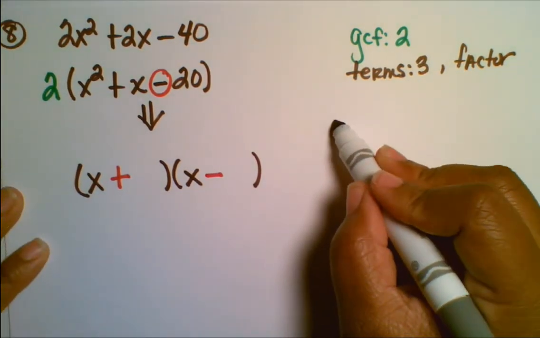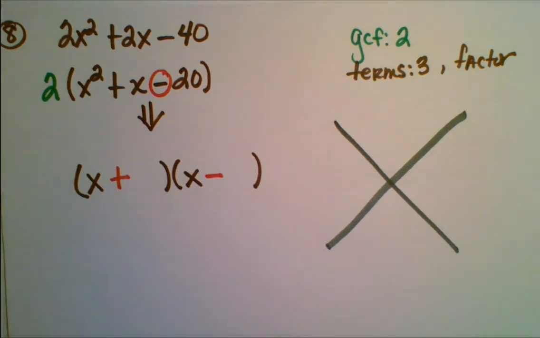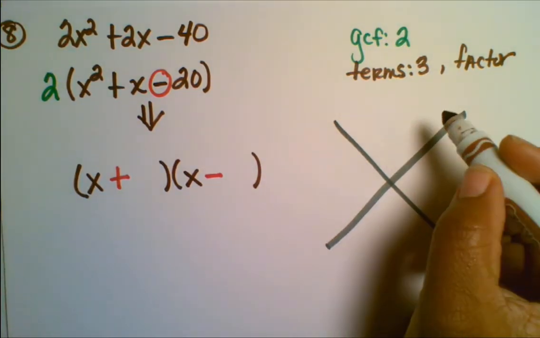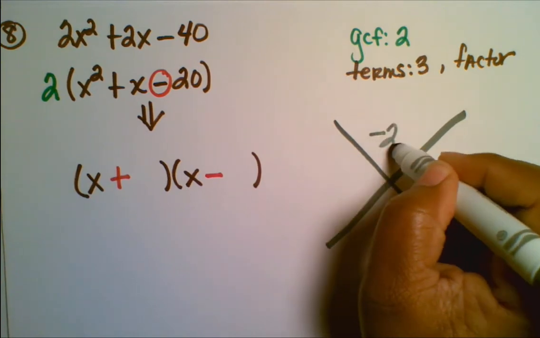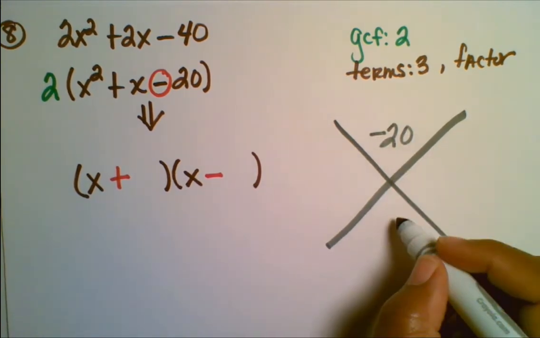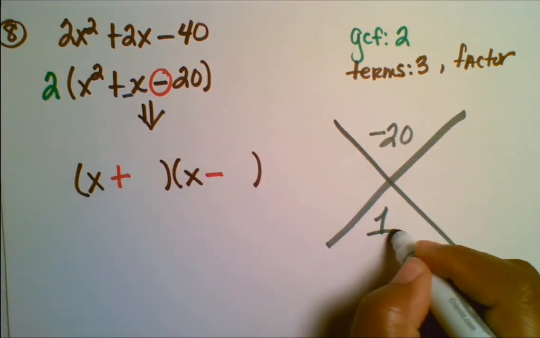Let's draw our X. And then we're going to look for what are factors of negative 20 that when we add those 2 numbers together, it would give us this middle term of 1.